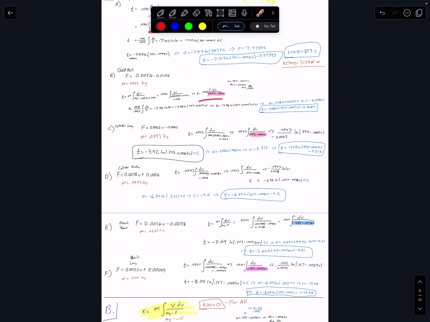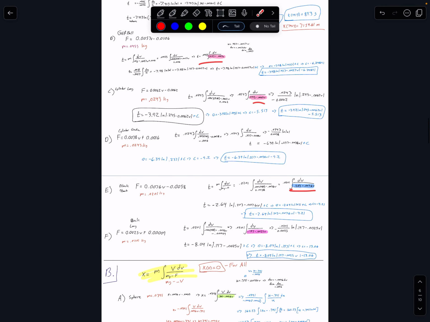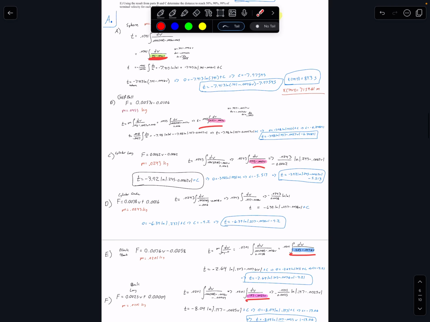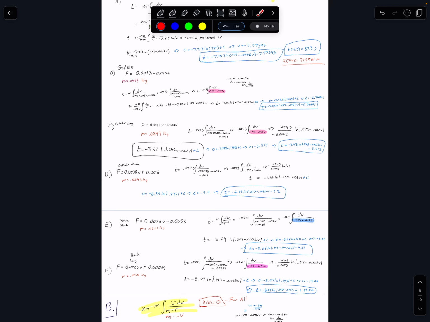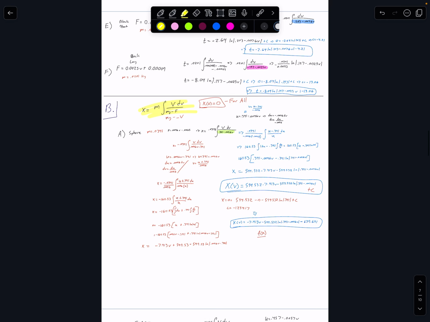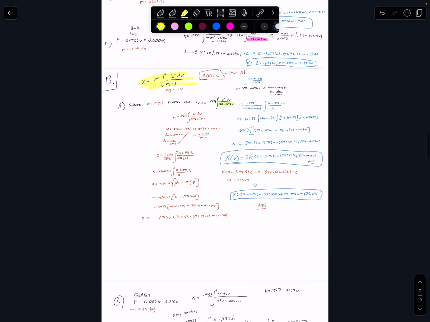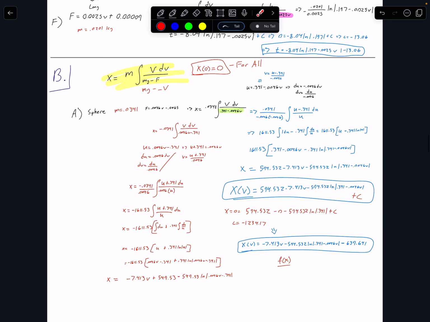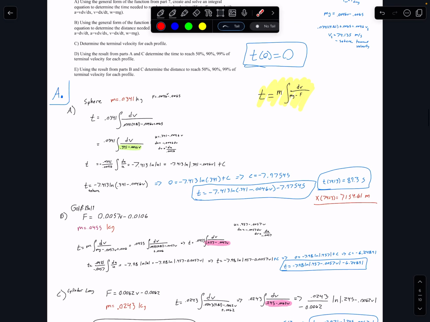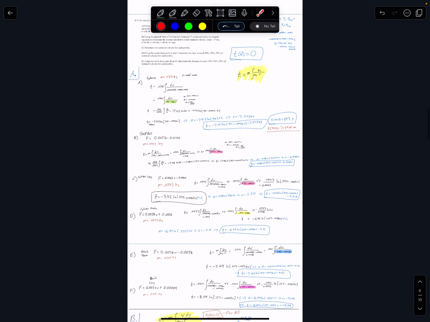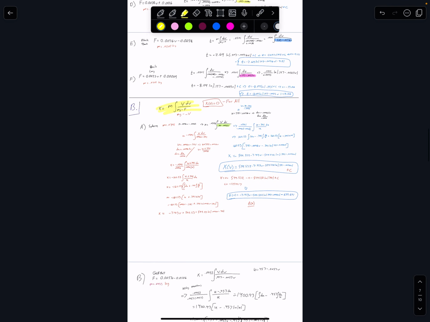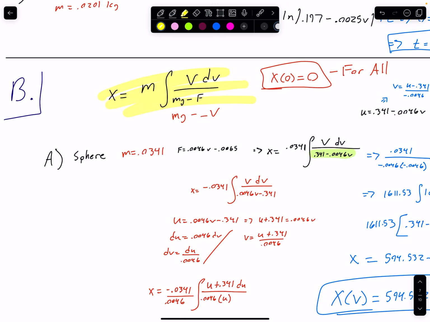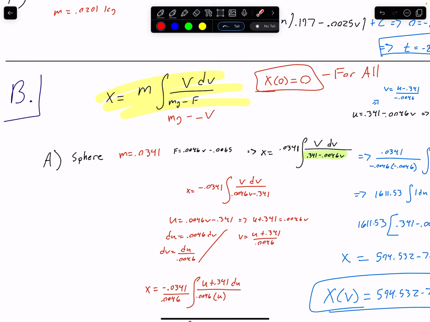You can see I highlighted each one here because we use those later on, to make things a little bit simpler. Here you can see for part A, we'll go through part A for both, but highlighted both in green just to show where we got that number from already, because in our pre-worked out, we have mg minus f in both.